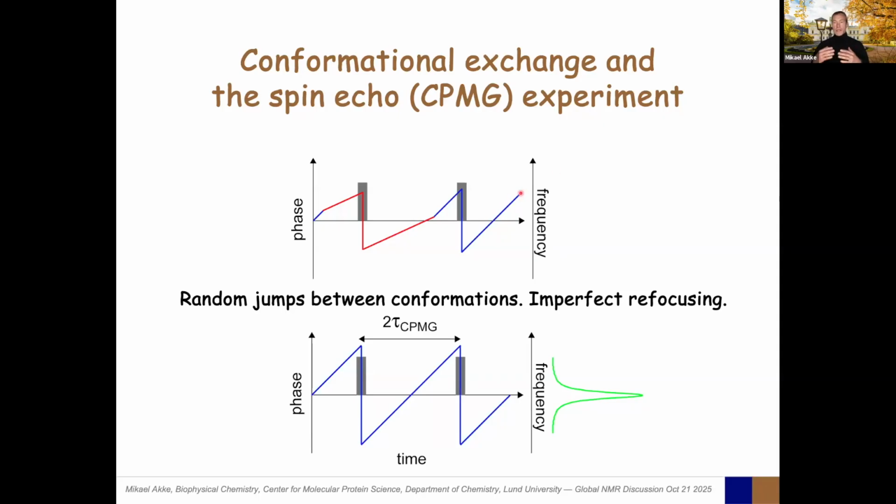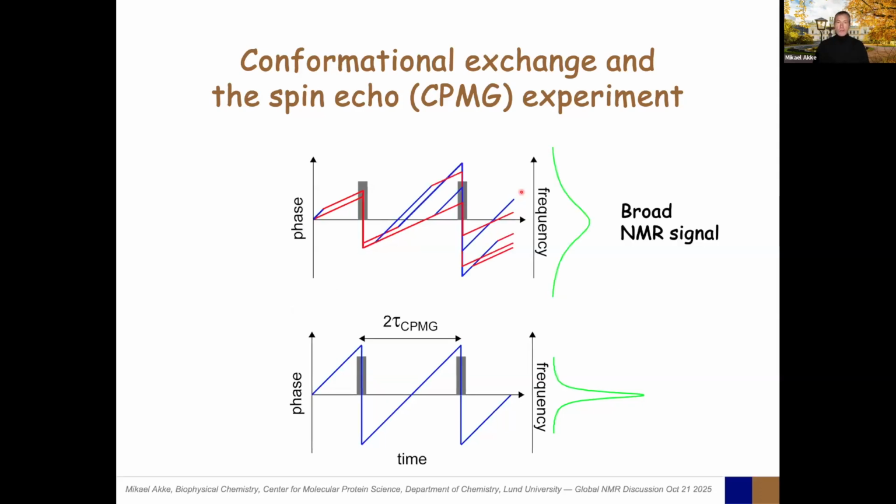Now, this would just be one particular realization of how one particular spin is experiencing these jump processes between conformations. And that's, of course, not what we measure in NMR. We measure an ensemble measurement. So it's more like this that you have here. You have many, and then if you sum these up, this would amount to a broad NMR signal.